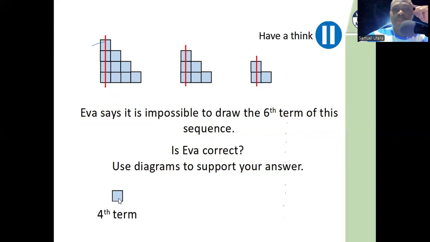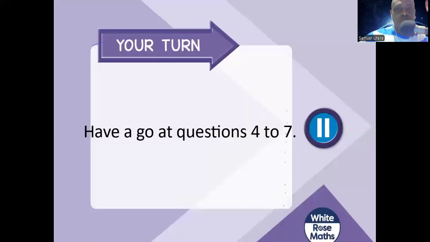We've only had the 4th term. I'm not sure we have any block anymore, because if we get rid of that, it means there is nothing for the 5th term. So we're not going to be able to draw the 6th term. Okay. So Eva is correct. So remember, you do your prediction and you use diagrams to support your answer to check that you're right.